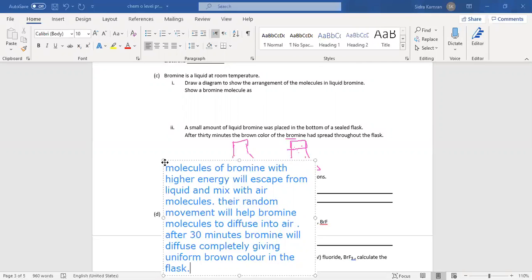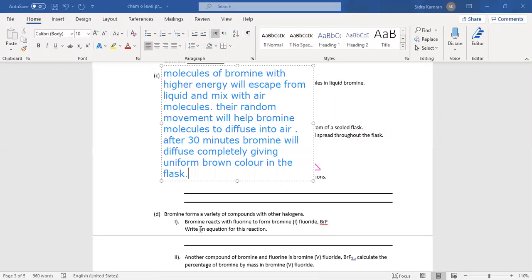Next part of question number 5 is: bromine reacts with fluorine to form bromine fluoride. Write an equation for this reaction. So the reaction is bromine reacting with fluorine and giving you bromine fluoride. So how are you going to write the equation for this reaction?